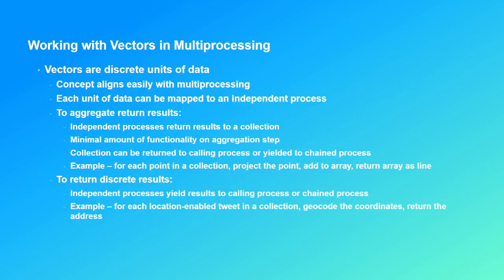Now, for discrete results, you may want to do something, for example, with tweets off Twitter. Each one of those data points is discrete, and you're not going to buffer it, but you might, say, perform semantic analysis or geocoding on it. Each one of those data points can then be sent out and doesn't really influence the others.